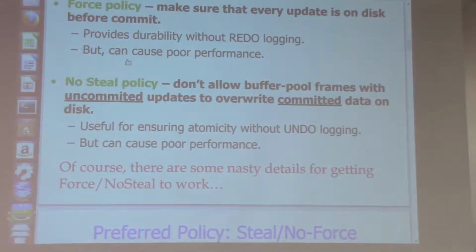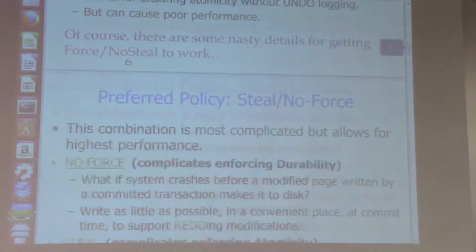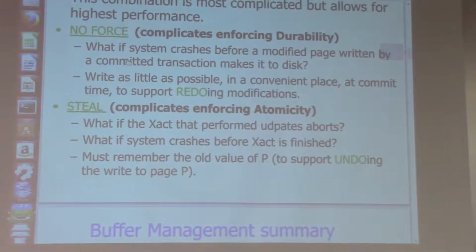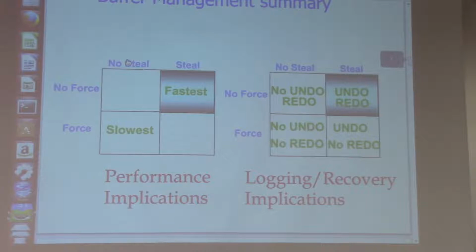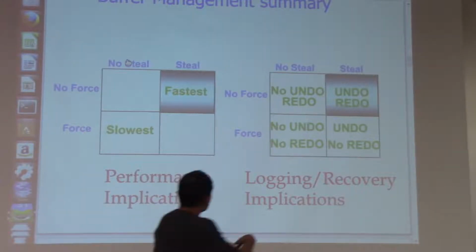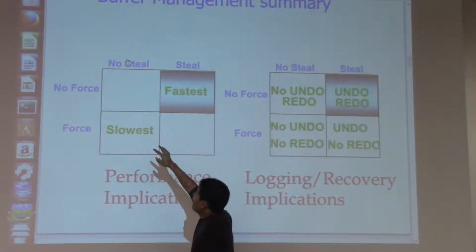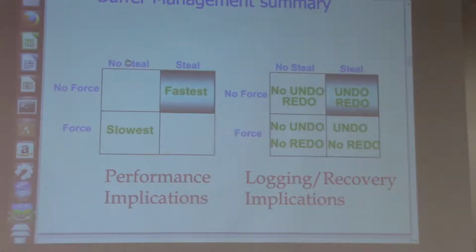Okay, that's precisely the next slide. So this gives you this graph right here. We have all these combinations. No force and steal clearly gives you the fastest performance, because it's the most efficient one, as I talked about. It doesn't block a transaction from committing and it doesn't interfere with what the buffer manager does.